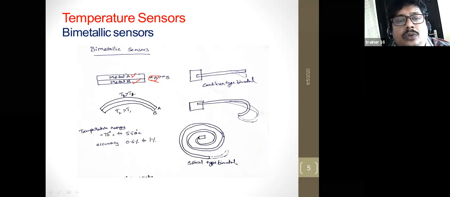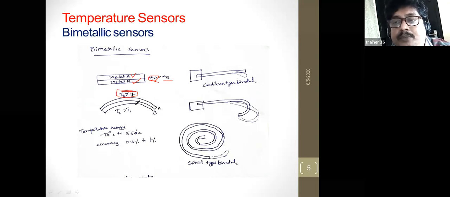Metal A and metal B are at temperatures T1 and T2. If the thermal expansion of metal A is greater than B, and T2 is greater than T1, the metal will bend. That is due to the thermal expansion.